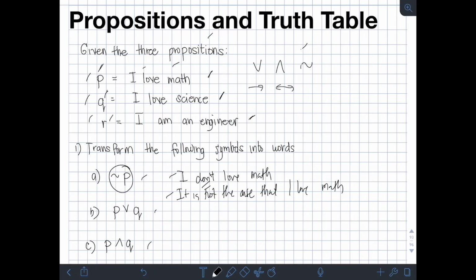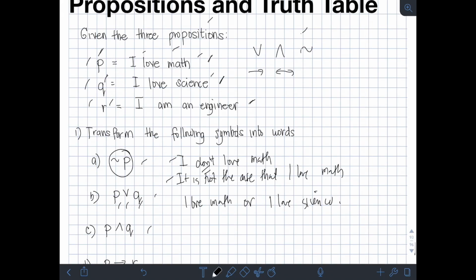Okay? B. So, P or Q. So, madali lang kasi i-or lang natin literally itong dalawang statement. So, I love math or I love science. Okay? Next, P and Q. So, ganun lang din. I-and lang din natin literally. So, I love math and I love science.